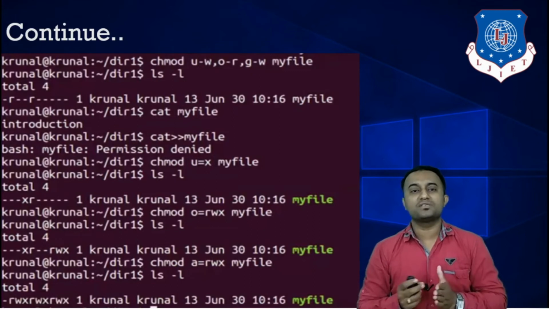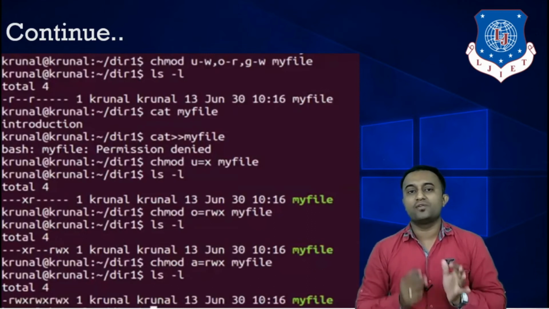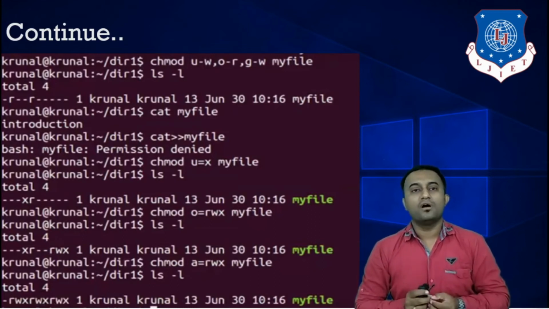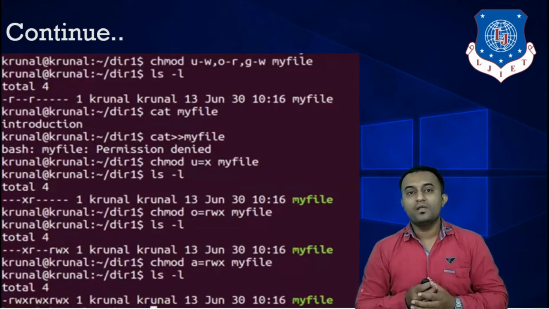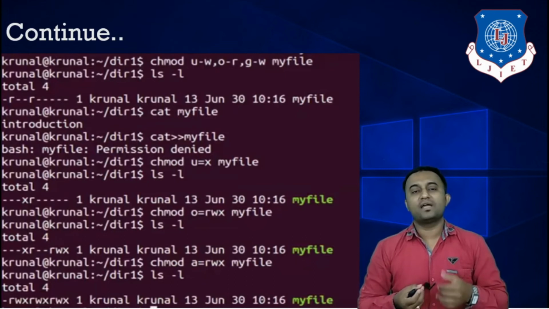So these permissions I need to discard from the existing file, and once you again fire ls -l, you can see now the user is not able to write something in this particular file, my file. Same way, the others cannot read something in this particular file, and the group of users cannot write something in this case. Fine. Same way, there are other options we have.